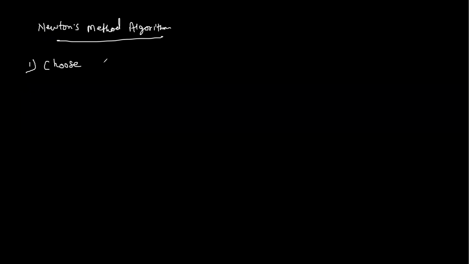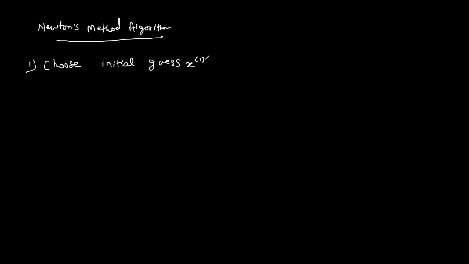See, what are the steps, or you can say the Newton method algorithm. So first step is what? Choose an initial guess. Initial guess means any initial value of x is given, or sometimes you have to choose it from your side.